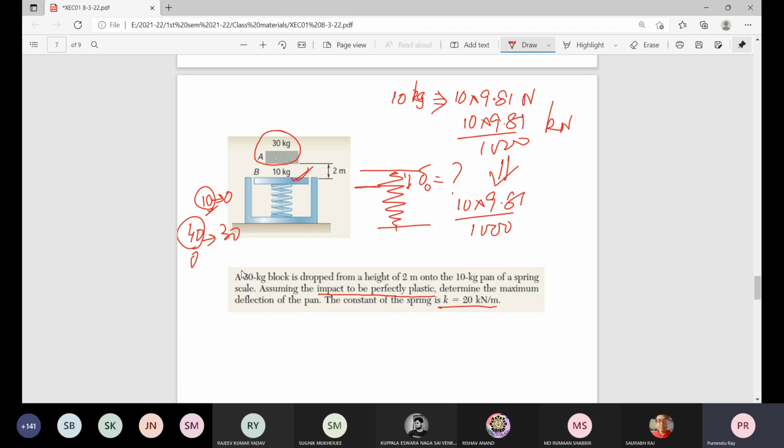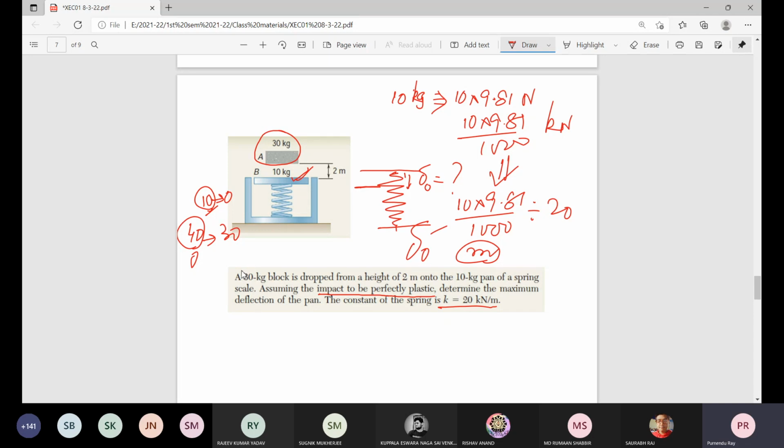So per 20 kilonewton there will be 1 meter deformation, so that divided by 20 kilonewton, those many meters. That initial deflection, initial deformation, is very important.